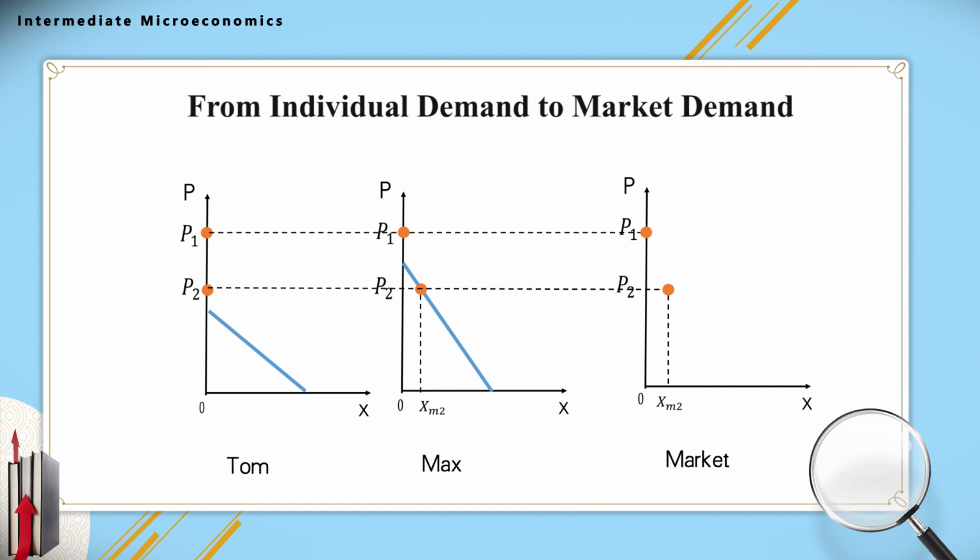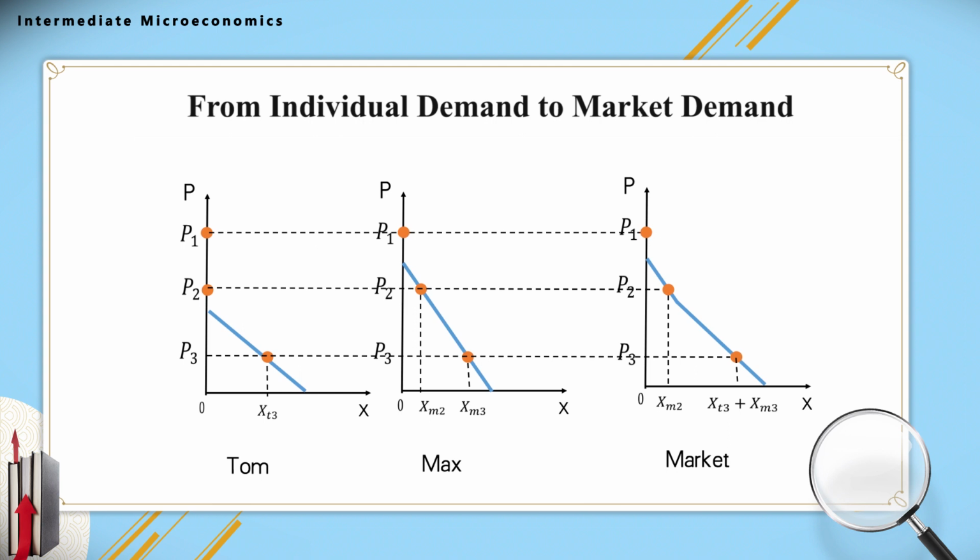When the price is P3, Tom would like to buy XT3, and Max would like to buy XM3. Then the total market demand is XM3 plus XT3 when the price is P3. Therefore, the market demand at a given price is Tom's demand plus Max's demand at that price.